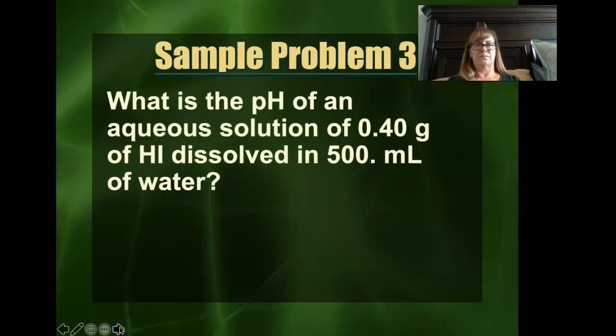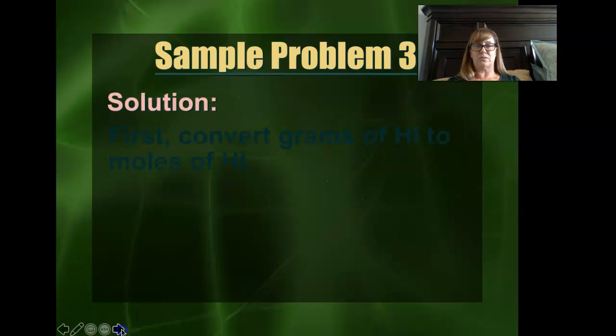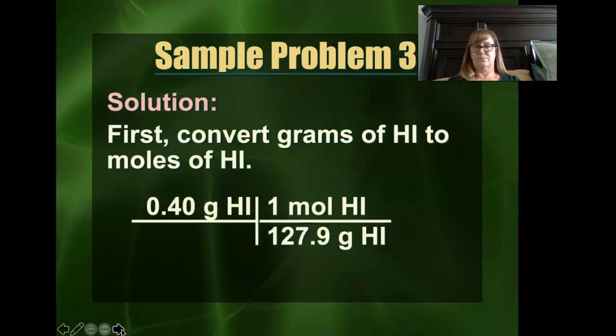Here's another sample. What is the pH of an aqueous solution that has 0.4 grams of hydrogen iodide dissolved in 500 milliliters? Well, you've got to find your concentration first, don't you? So you've got to find your molarity. Change those grams to moles, right? By using that molar mass.